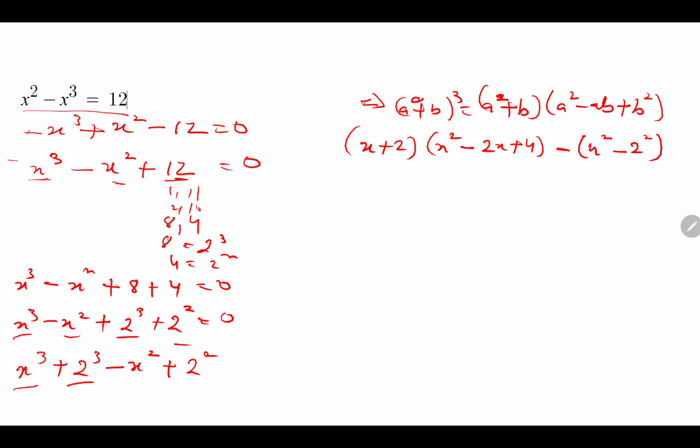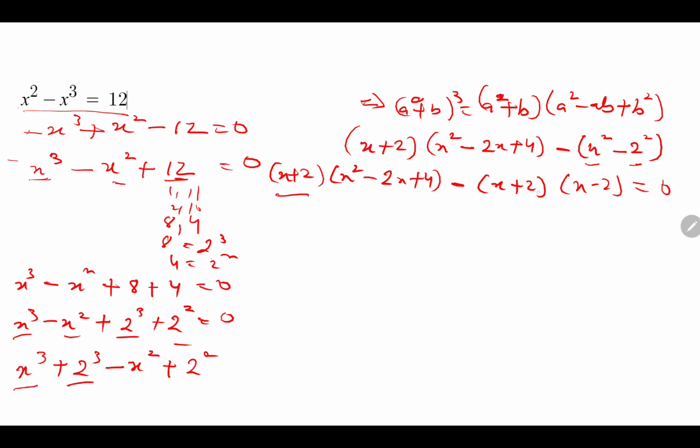Now we know this formula also, a square minus b square. So we'll write everything over here: x plus 2, x square minus 2x plus 4, now minus a plus b, so x plus 2 and then x minus 2, equals 0.